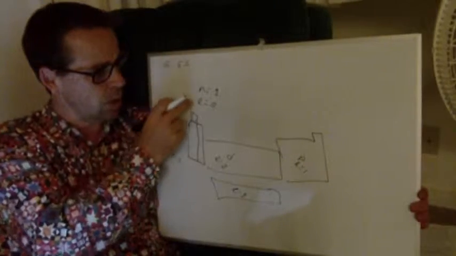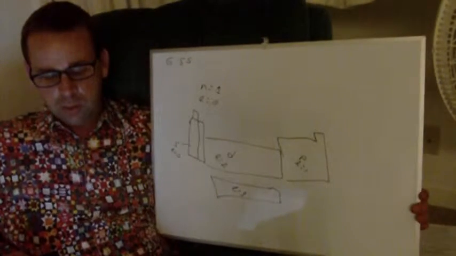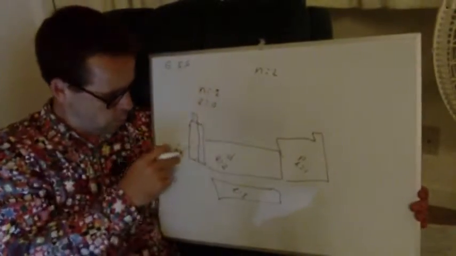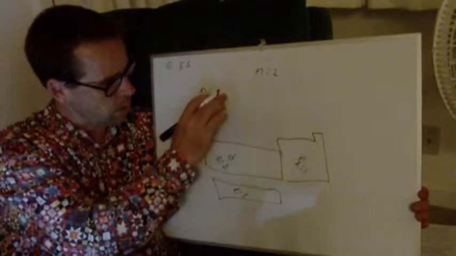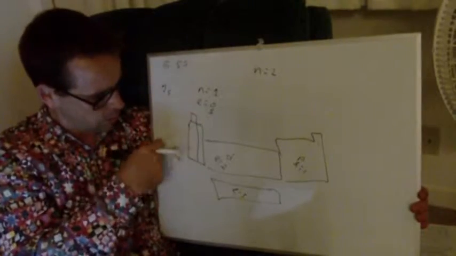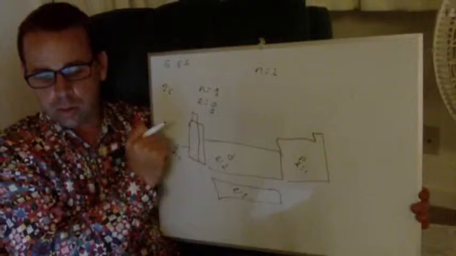So if n equals 1, L can only be 0. If n equals 2, so that means L equals 0, you can only have an S. You couldn't have one with a P, a D, or an F.